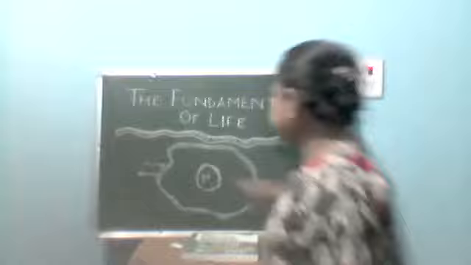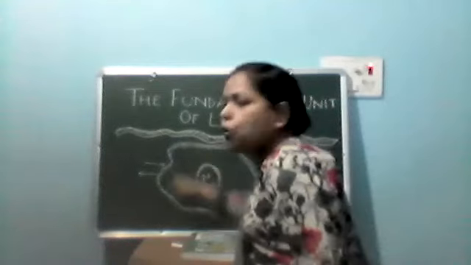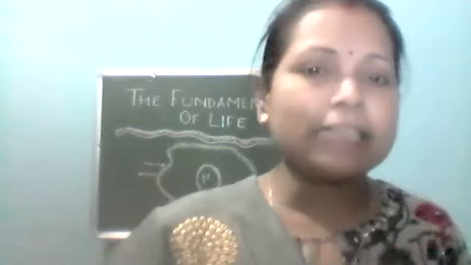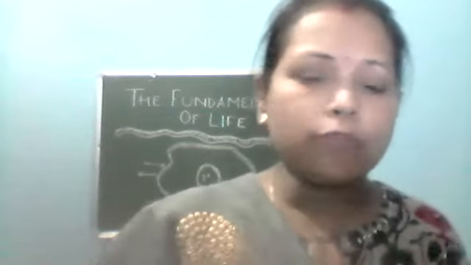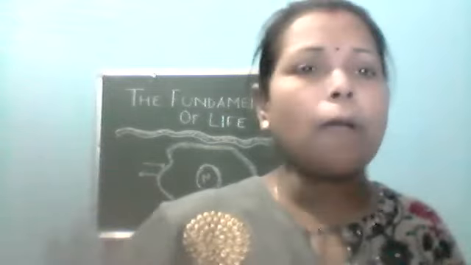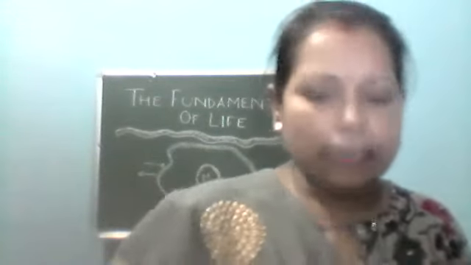Yes, ma'am. Different cell organelles are present in this portion, and they perform different functions. All the cell organelles, what do they do? Cell organelles perform some specific function, but all these functions contribute to the proper functioning of a cell.